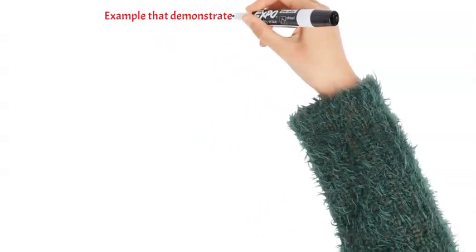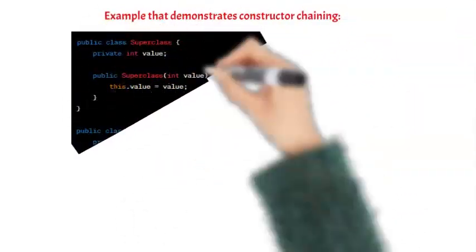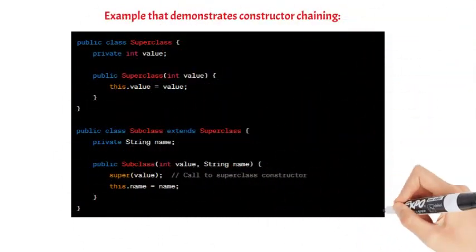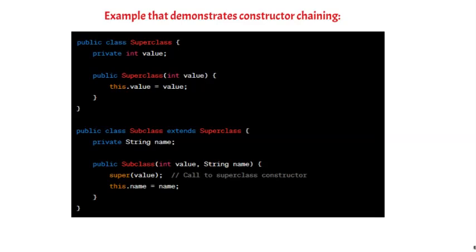Example that demonstrates constructor chaining. In the above example, the superclass has a constructor that takes an int parameter. The subclass extends superclass and has an additional instance variable name. The subclass constructor invokes the superclass constructor using super(value), passing the value argument.